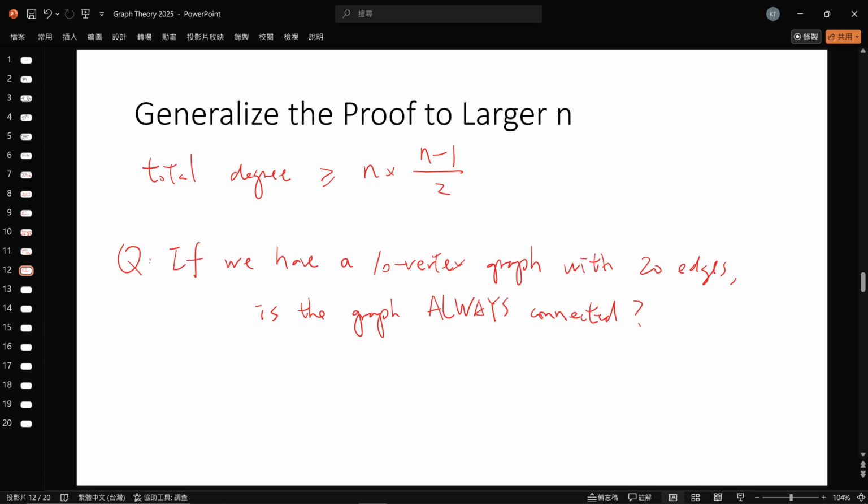If you only have n minus 1 edges, it's very easy to construct a graph that is not connected. But for this example, 20 is way more than 9, so perhaps it is possible to guarantee the connectivity. But you mentioned that it is possible to create a disconnected graph under these two assumptions, right?